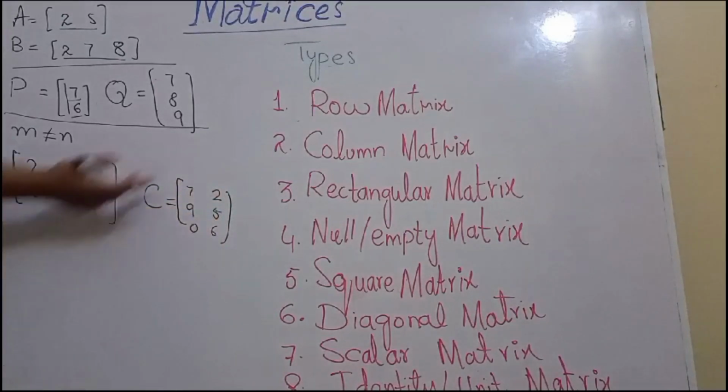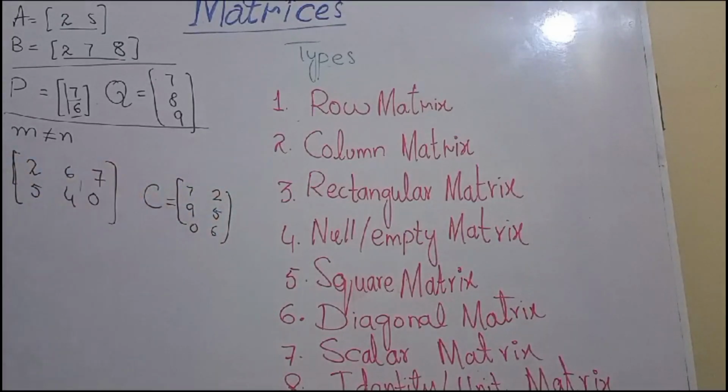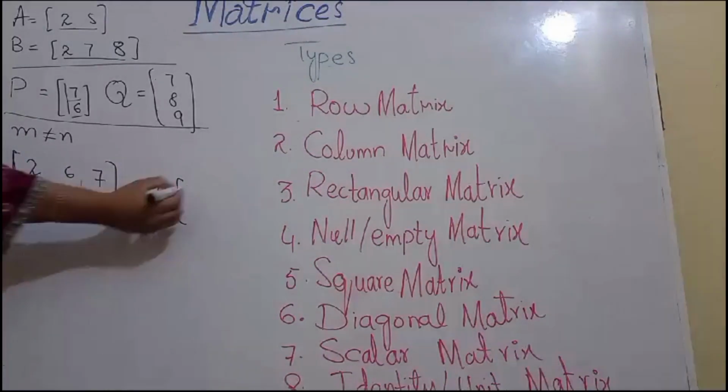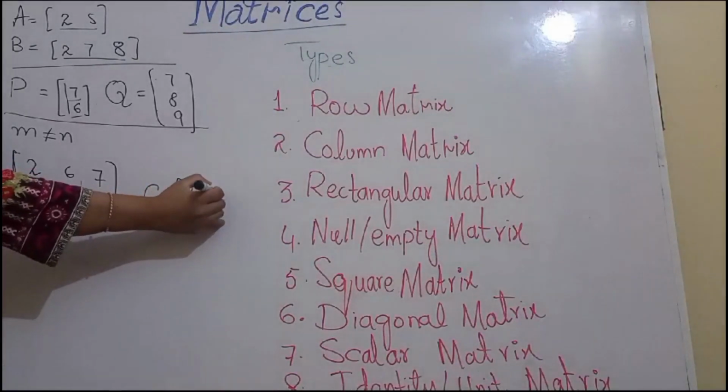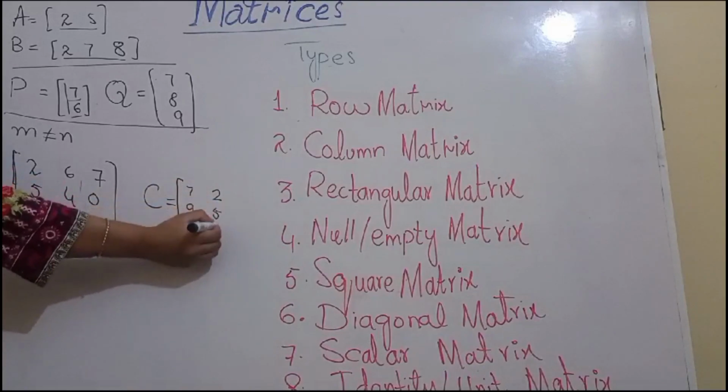In this case, there are 3 rows but 2 columns. The number of rows and the number of columns are not the same, so this matrix is a rectangular matrix. Moving toward the next matrix, 7, 9, 0, 2, 5, 6.